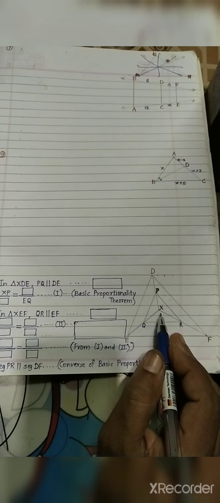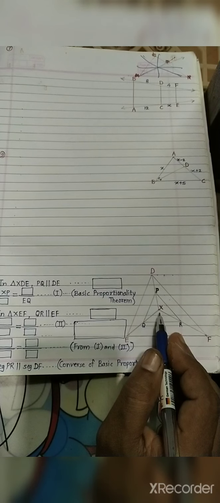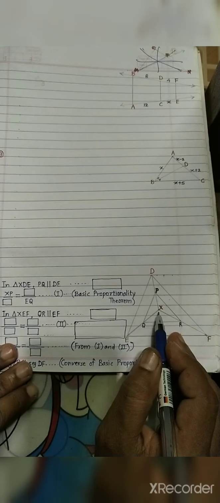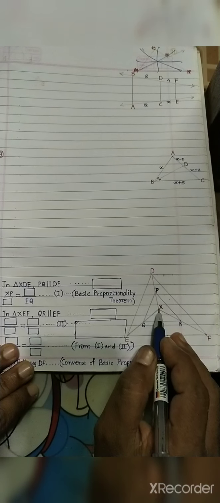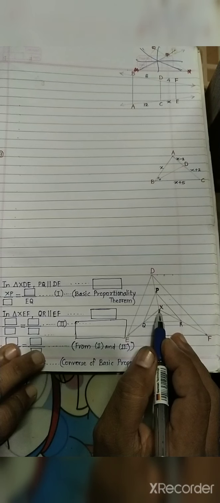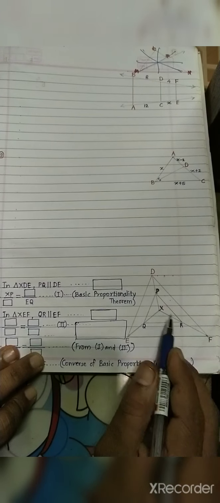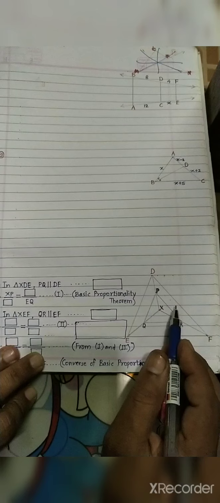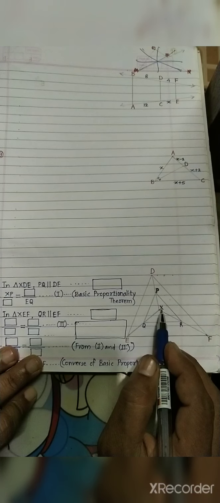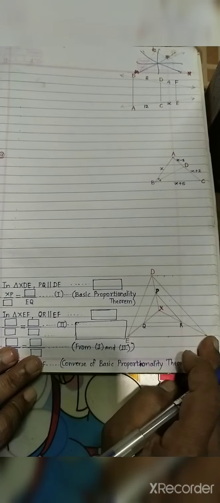Point X is joined to vertices of triangle. Means here point X is joined to vertex D, vertex E and vertex F.